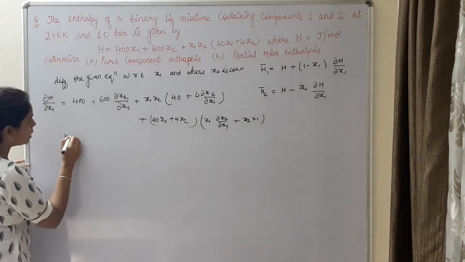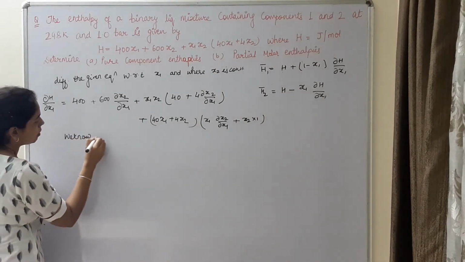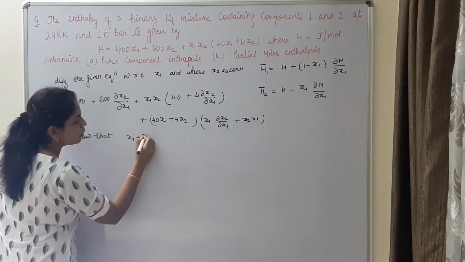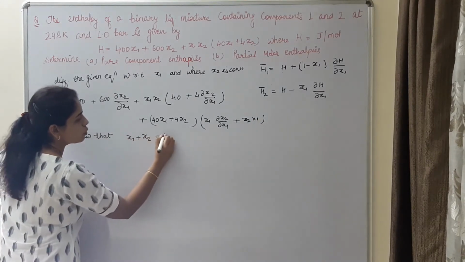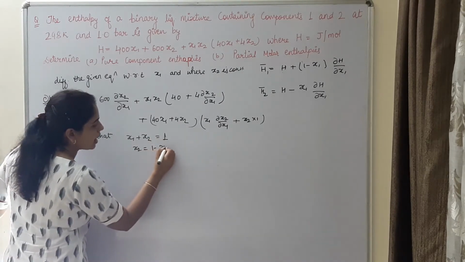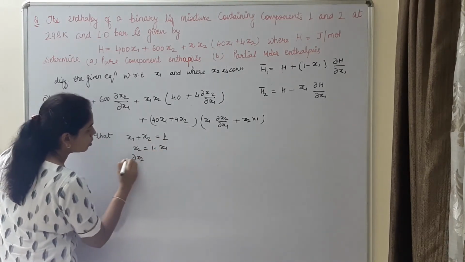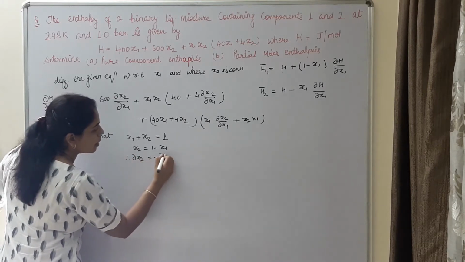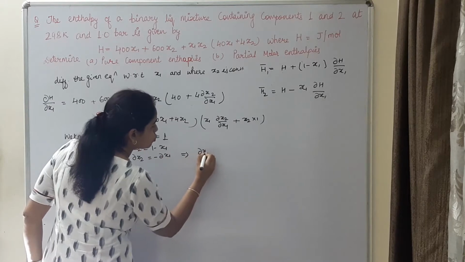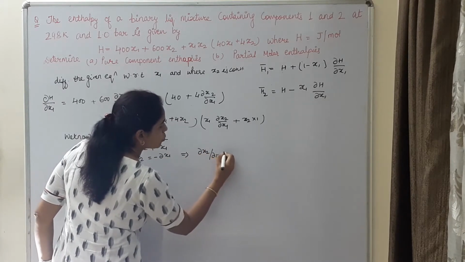Now we know that for any binary solution x1 + x2 = 1. So x2 = 1 - x1, so ∂x2 = -∂x1. Therefore ∂x2/∂x1 = -1.